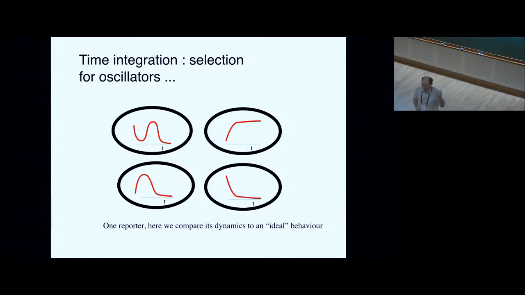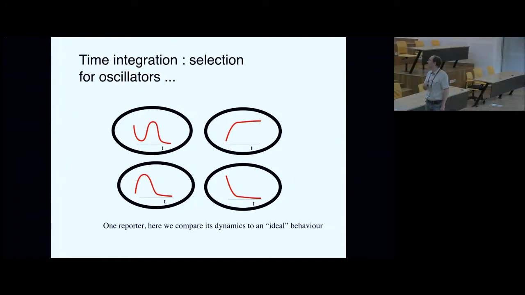The goal here is to see if, when you select for specific functions, specific dynamics, you see some networks emerging. For instance, imagine I want to put a selective pressure to select for oscillators. Visually, you would say maybe these two are better oscillators than those two. So you need a metric to quantify that.